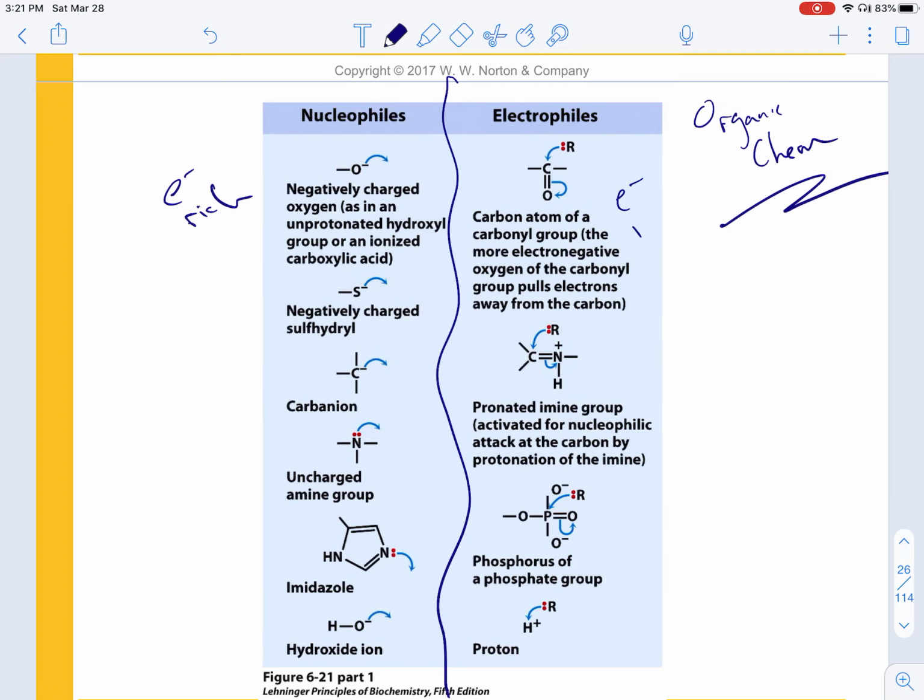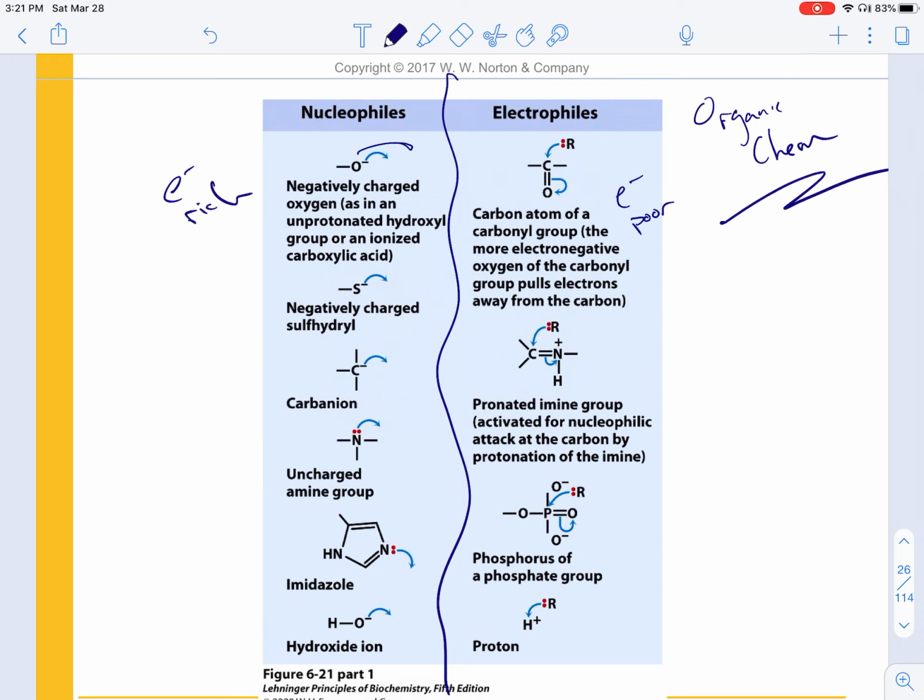Electrophiles are electron poor in some way. Nucleophiles tend to attack, and this arrow refers to the flow of the electrons, electrophilic species. Nucleophiles are things like the oxygen anion, the hydroxide anion, the nitrogen in the imidazole ring from histidine. All of those have electrons that can attack these electrophiles.